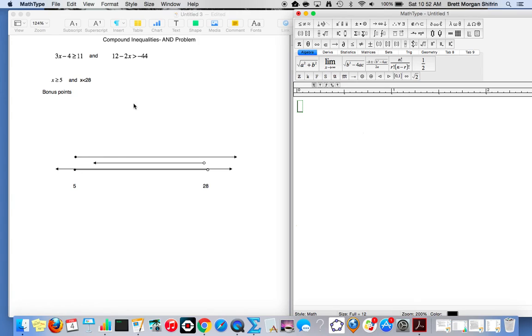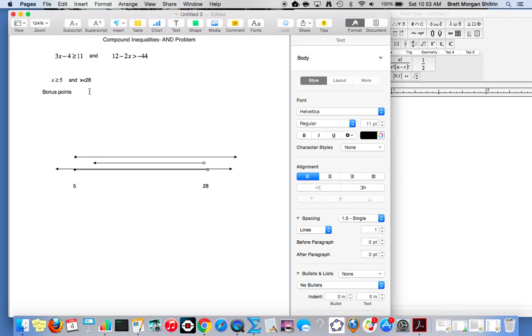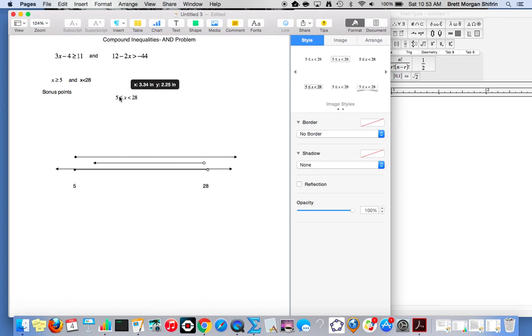I could write it as one inequality, and I'd start with this number: 5 is less than or equal to x, which is less than the upper bound. And if I write it this way as a conjunction, I will get bonus points each time I do my work.